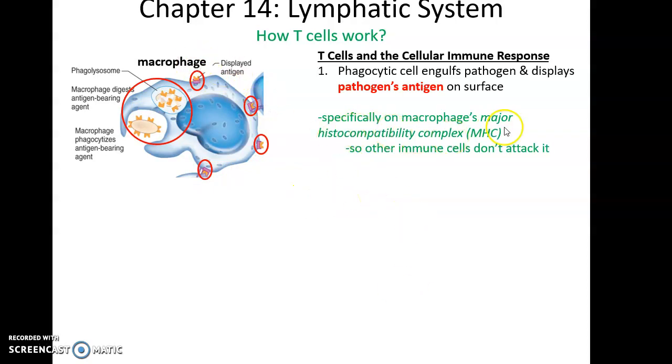And they're always associated with the macrophage's major histocompatibility complex, which is just some other structures on the surface of the macrophage. Why do they do that? It's so that other immune cells realize that this isn't an enemy cell. This is one of their own cells displaying an enemy's, a pathogen's antigens.